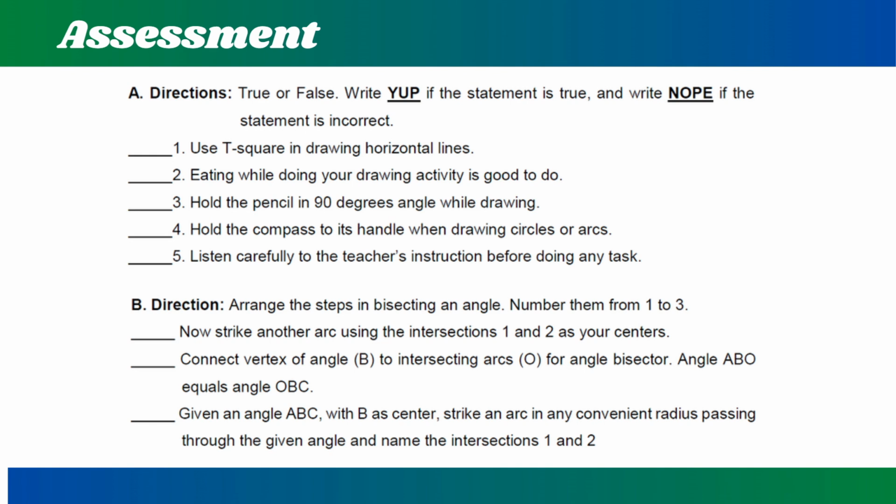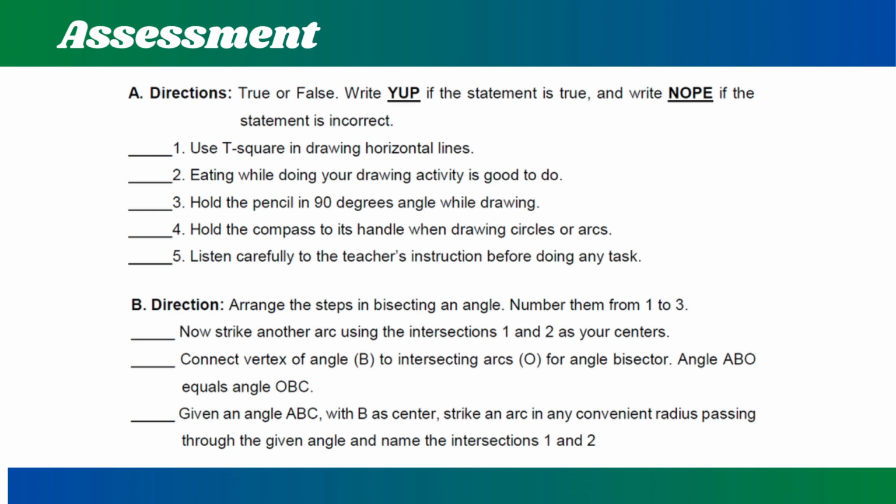For letter B, arrange the steps in bisecting an angle. Number them from 1 to 3. Now, strike another arc using the intersections 1 and 2 as your centers. Connect vertex of the angle B to intersecting arcs O for the angle bisector.